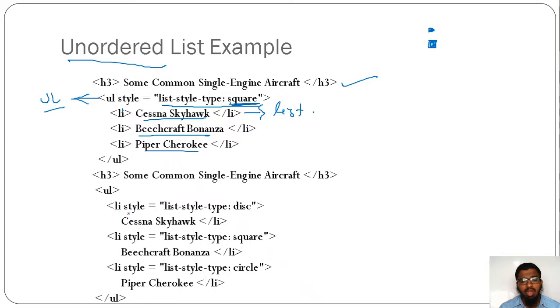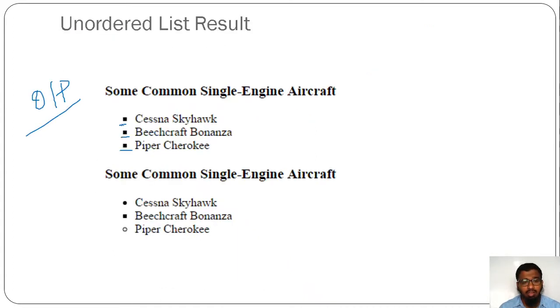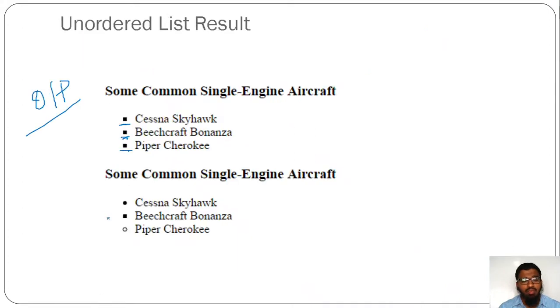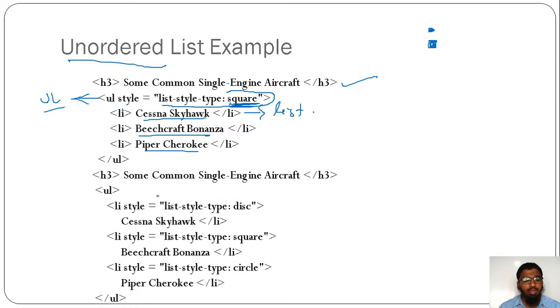Now, what have we done here? We have given the style to the whole UL, so you don't need to define it again and again for every item, like square, square, square. I have written it only one time. Next, if you want separate styles, like this one circle, this one box, and this one a bordered circle, here the LI style is list-style-type disk.